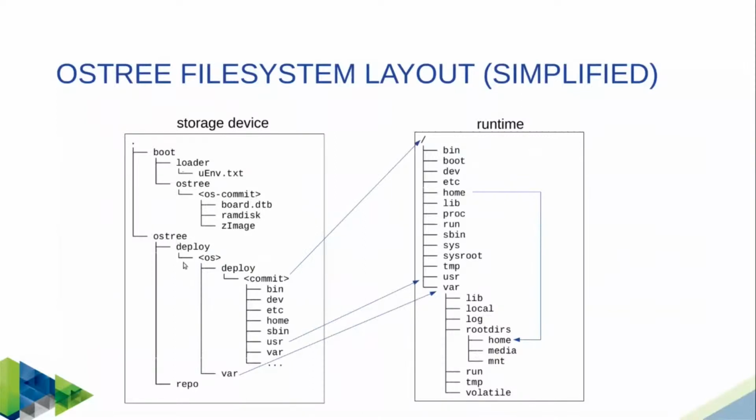And in the ostree directory, you have two main subdirectories, the repo with your OSTree repository and the deploy directory with your deployments. That's where you check out the versions of your root file system. And we can see here the organization of the deployment directory. We have an organization per operating system. So when you deploy, you say, this is the operating system name, and you can name it.